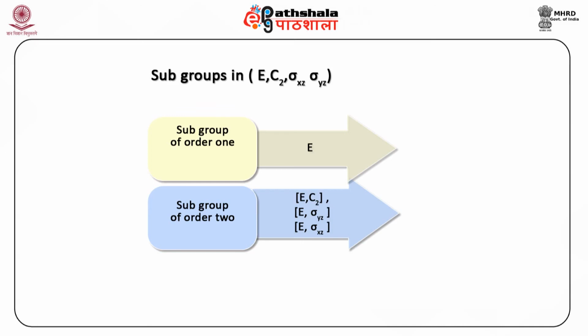Here, E, C2; E, sigma yz; and E, sigma xz are the subgroups of order 2, and sigma xz, sigma yz; C2, sigma yz; and C2, sigma xz are not the subgroups of order 2, as these do not have E as a member of the subgroup.